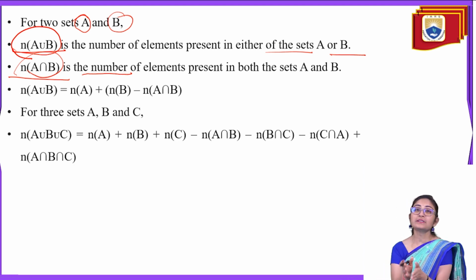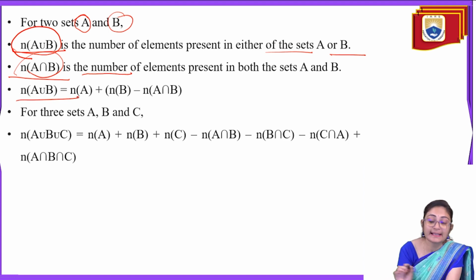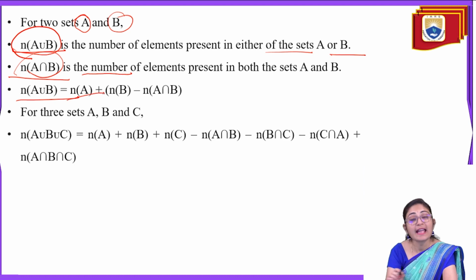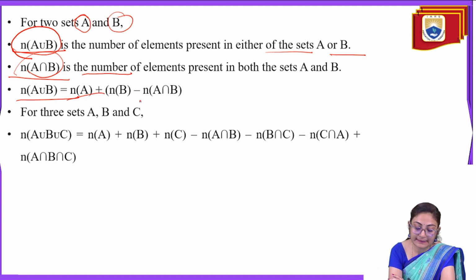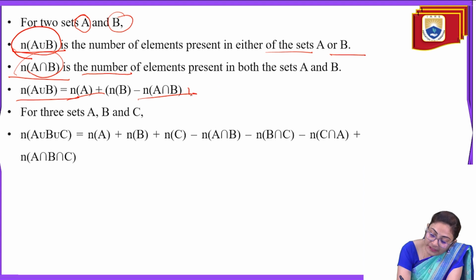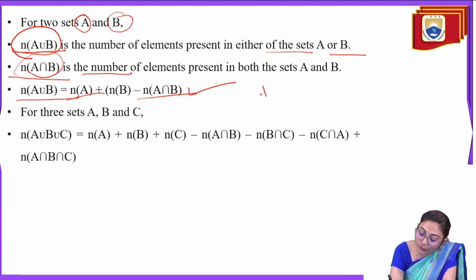For that there is one formula: n of A union B is equal to n of A plus n of B minus n of A intersection B. But this formula can be used only when you have two sets.